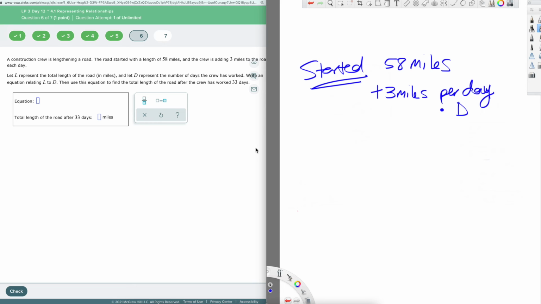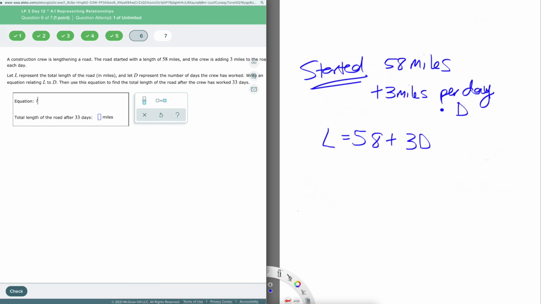So the length of the road, L, is going to equal 58 plus 3 times D. I'm leaving off the word miles because we don't necessarily want to put that into our equation. That'd be a little confusing, so we can leave that part off while we're doing our calculation. So I have capital L equals 58 plus 3 times D. There we go, we have our equation.